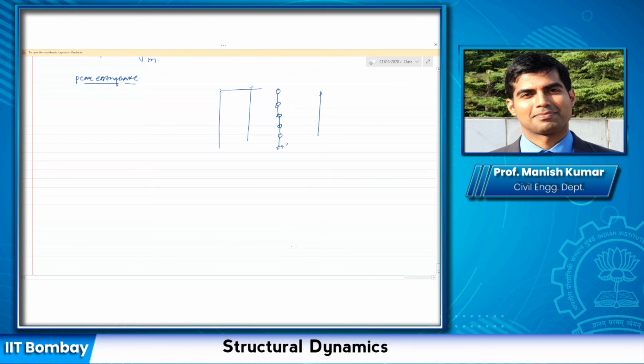I'm going to apply equivalent lateral static forces, and those equivalent lateral static forces here can be written as gamma j mj times phi j times a.